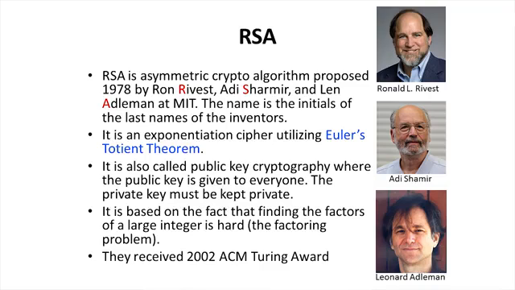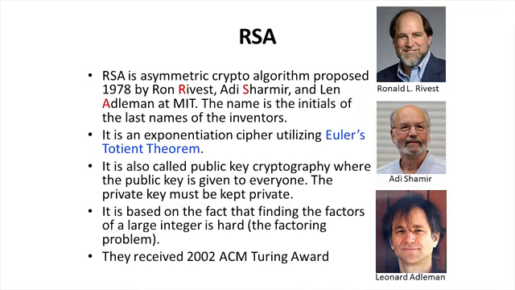RSA is an asymmetric crypto algorithm proposed in 1978 in a paper by Ron Rivest, Adi Shamir, and Len Adleman at MIT. The name of the algorithm is the initials of the last names of the three inventors. It is an exponential cipher utilizing Euler's totient theorem.